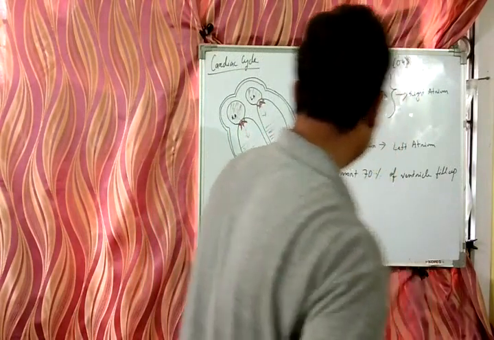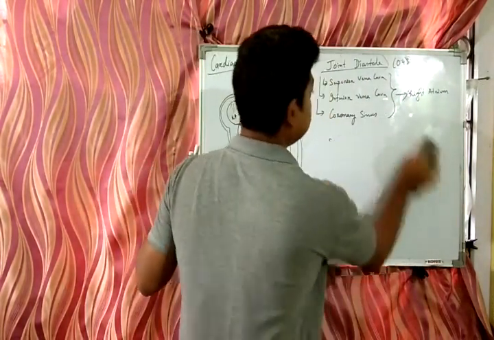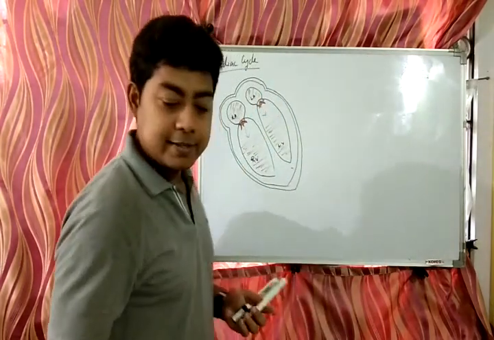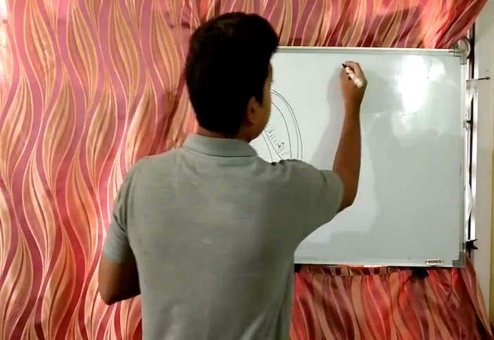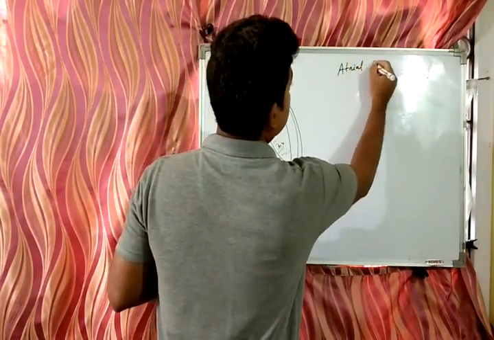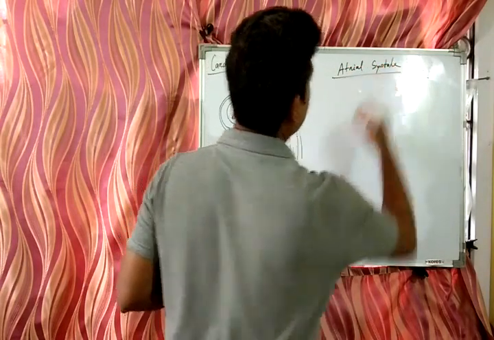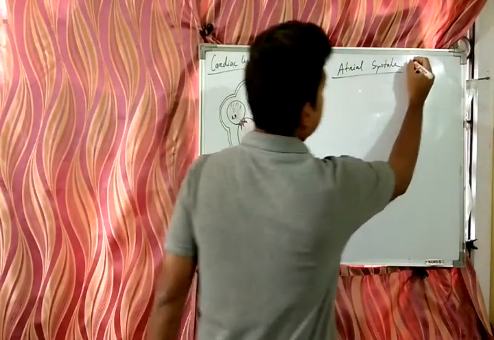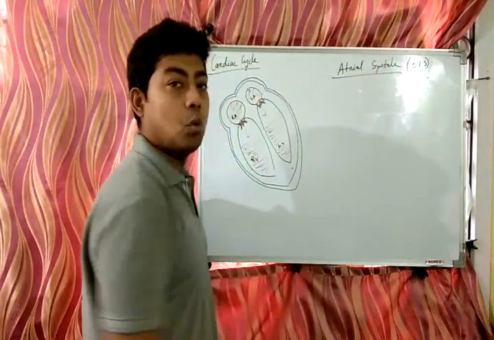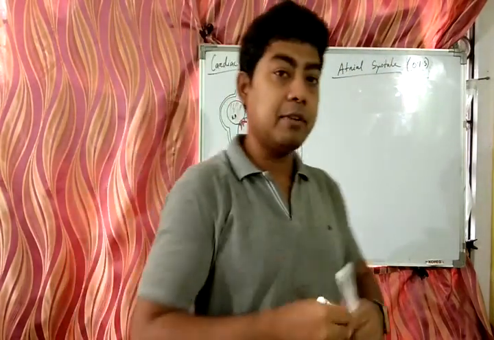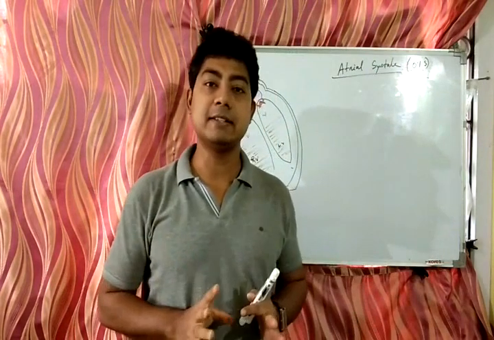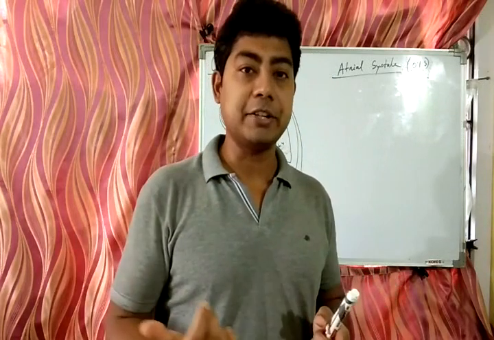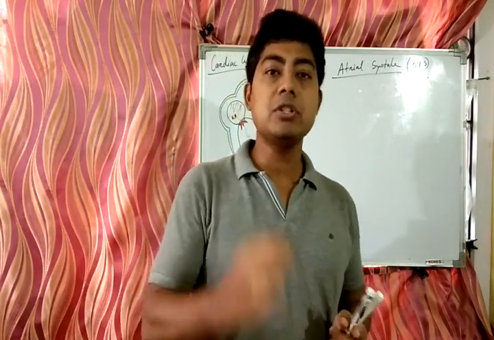Now we'll move to the second phase, that is atrial systole. That means contraction occurs in the atria, and that occurs for 0.1 second. Now what will happen? Already in my previous lecture I said that these heart muscles are myogenic and they don't depend on stimulation from outside. They can produce their own stimulation.